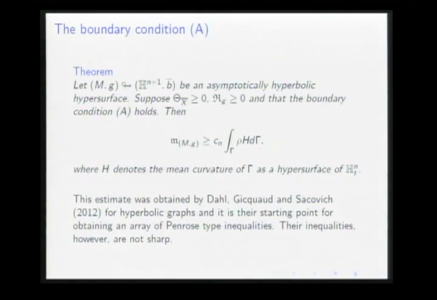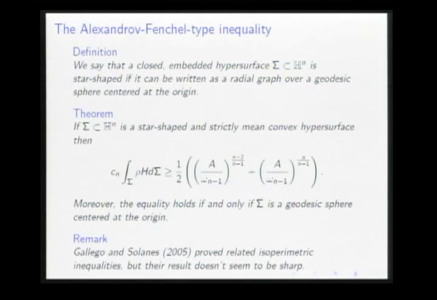You get this rho here. This was obtained by Dong, Guiquot, and Sakovic, but they couldn't prove the desired inequality. We need this inequality to finish the Penrose inequality in this context.